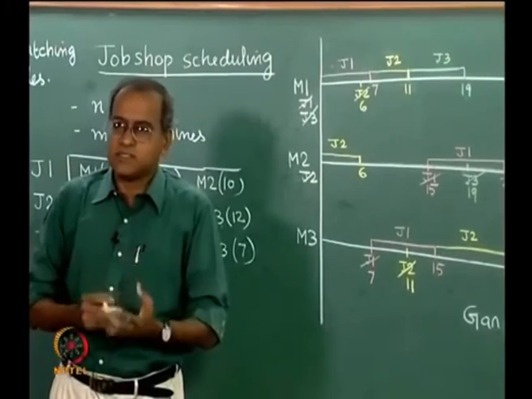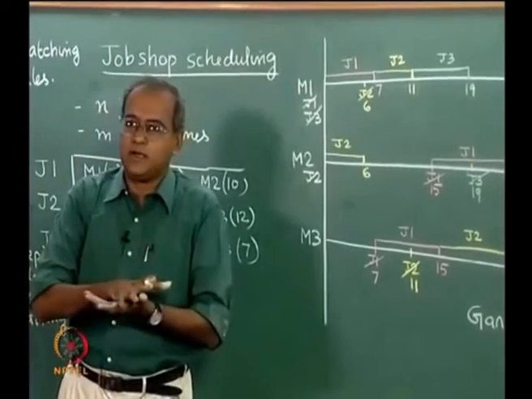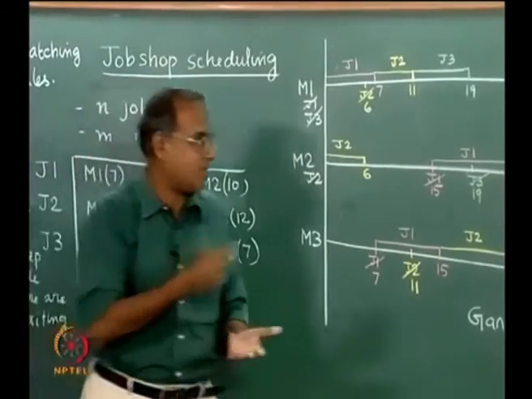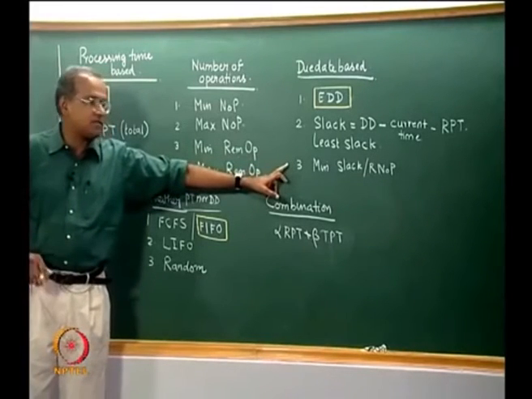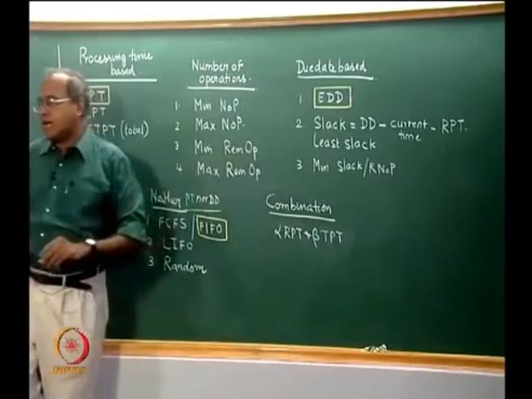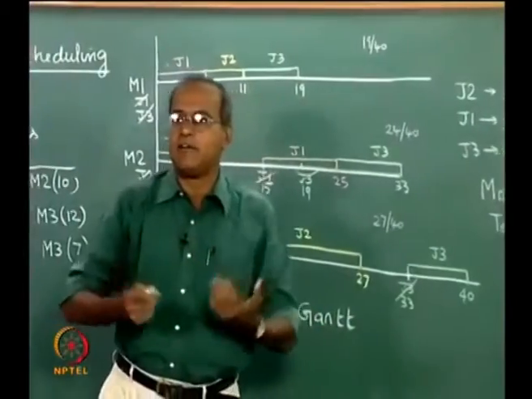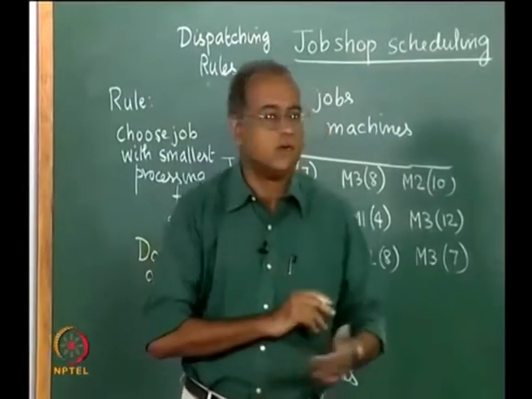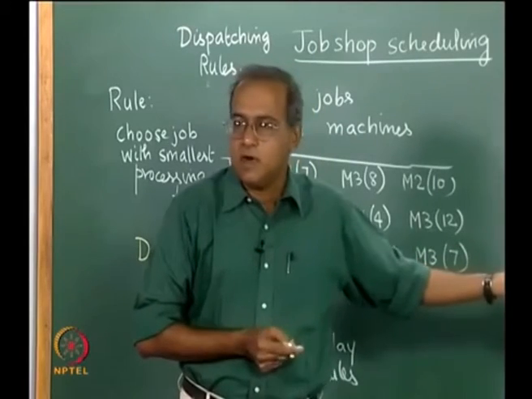The answer to that comes in the amount of training and education that is provided to the people who do the job. If people who do the job can understand and appreciate the role of these dispatching rules, and the fact that a slightly involved dispatching rule like minimum of slack over remaining number of operations can give a lower solution, and if people are aware, educated and ready to use it, then it will be an advantage to use involved dispatching rules as long as the performance measure is optimized.